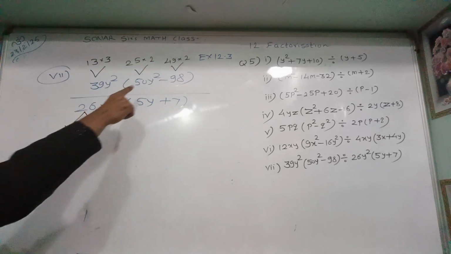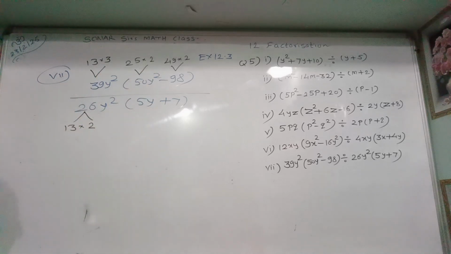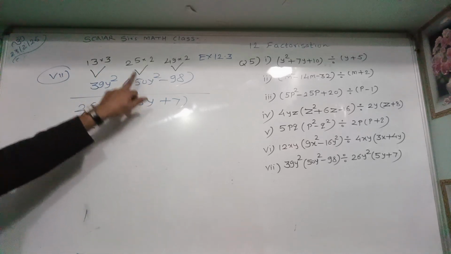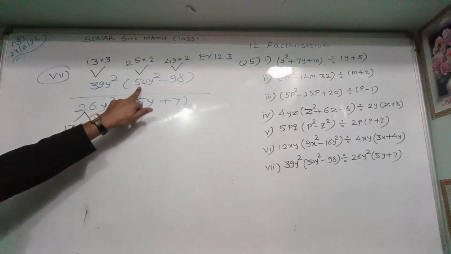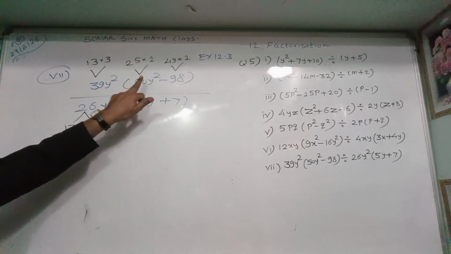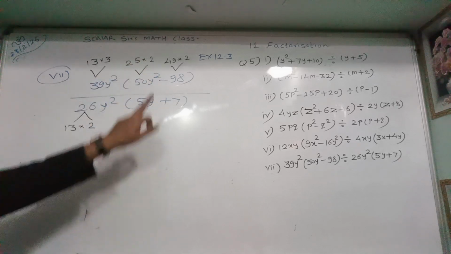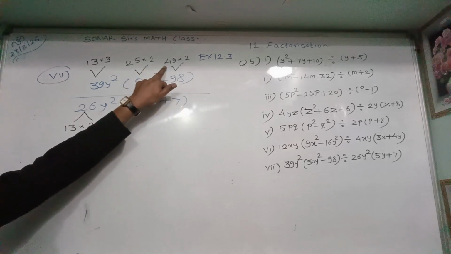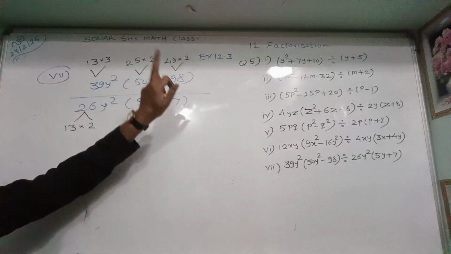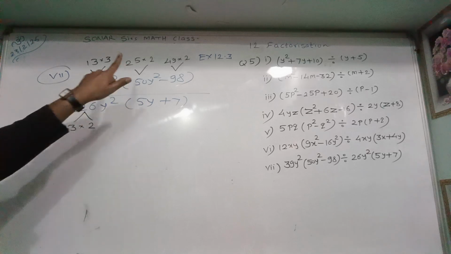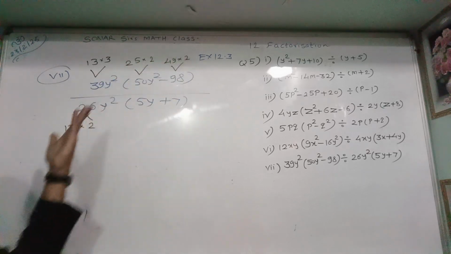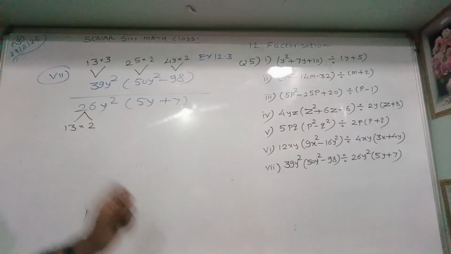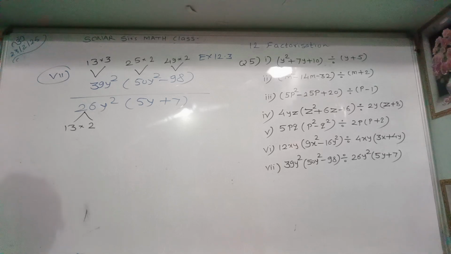Because here is a square term, and as here is a square term, here there must also be a square term. So 25 is a square term, multiplied by 2 we get 50. Here 49 is a perfect square, multiplied by 2 we get 98. And this common 2 can be taken out for the application of the identity a square minus b square.